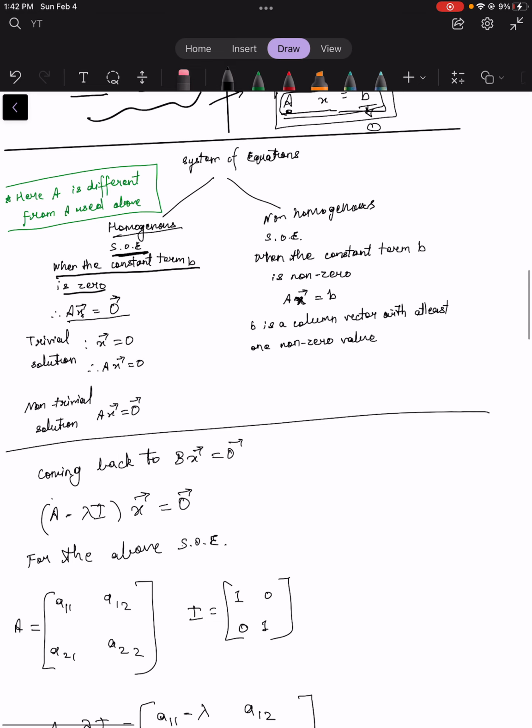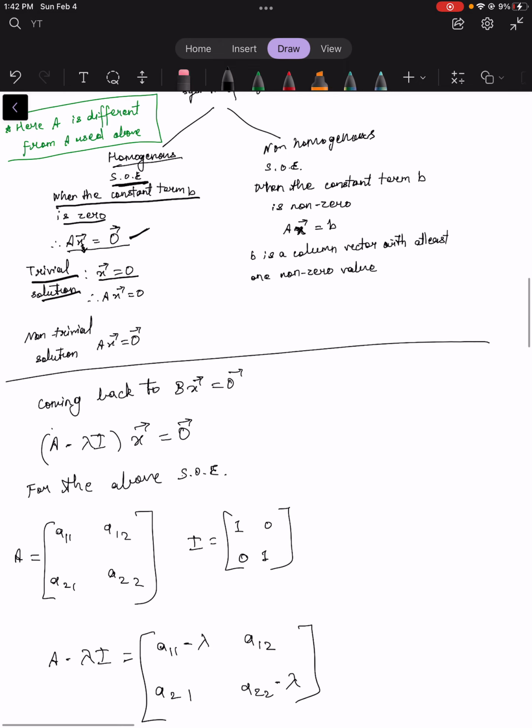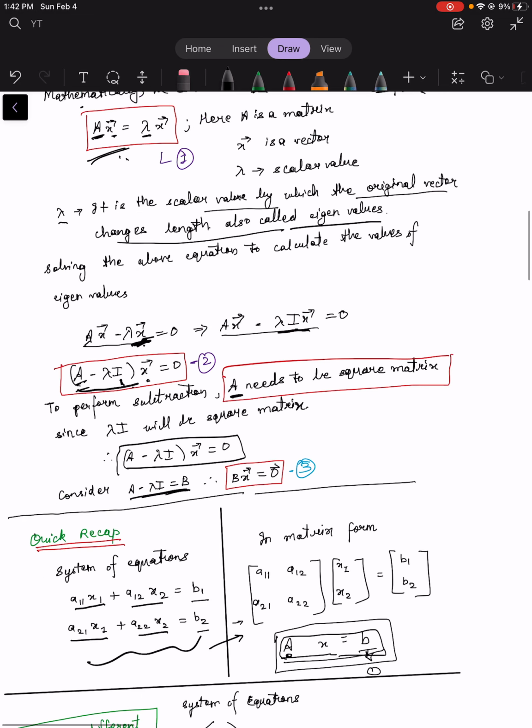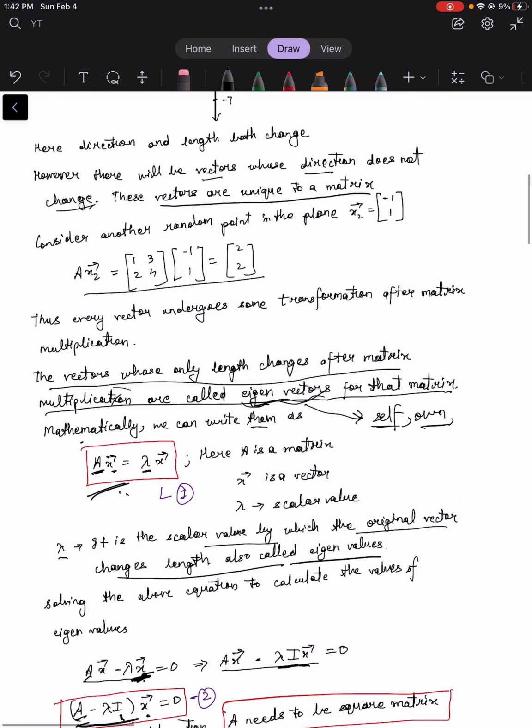Now if you substitute x as the 0 vector, then this equation will always be satisfied. So we call x = 0 the trivial solution of this equation, whereas when x is not 0, we call that a non-trivial solution. In this particular video, we are interested in the non-trivial solution because by definition we started with vectors whose length changes after matrix multiplication.